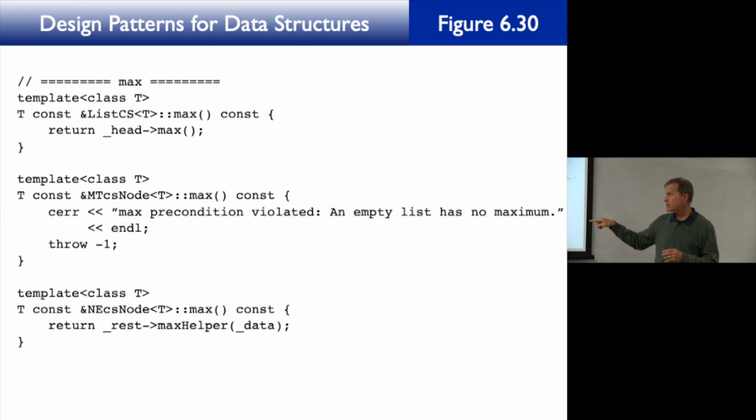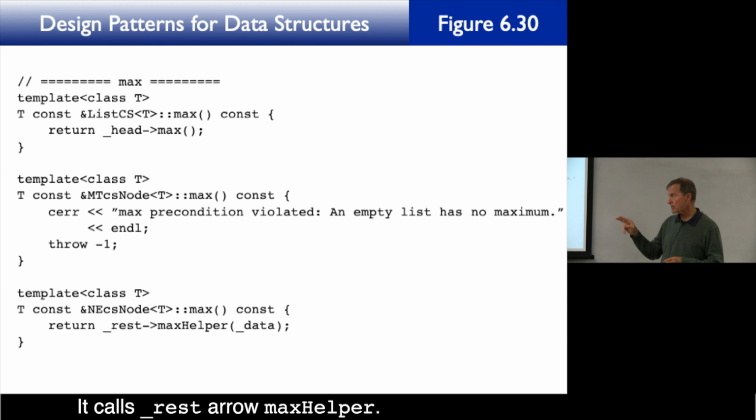So now what the non-empty node version of max does is it solicits the help of the max helper. Remember, it has underscore rest and underscore data.